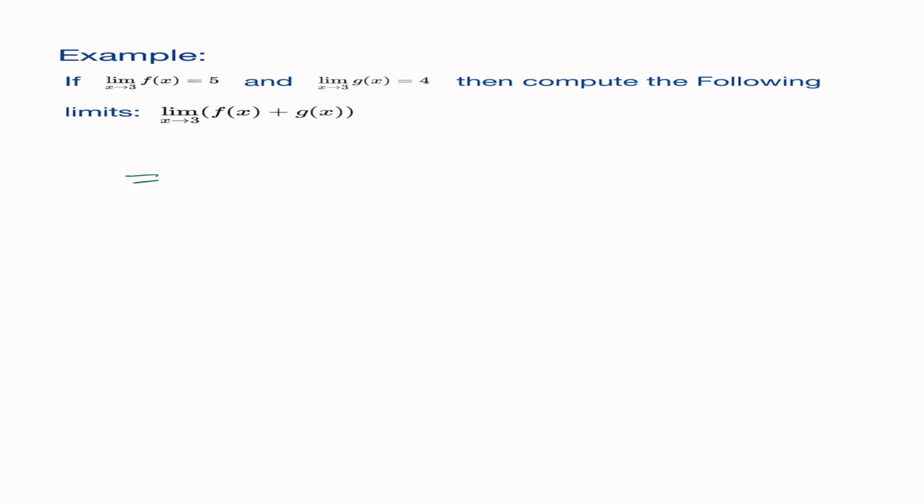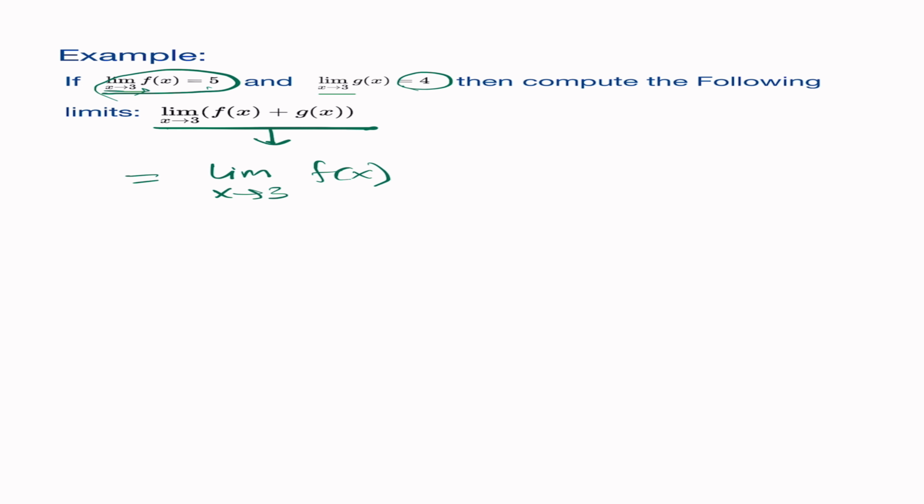Let's say the limit as x approaches 3 of f of x equals 5, and the limit as x approaches 3 of g of x is 4. So both of them are defined, right? Now we're going to apply the sum law. It says that if both limits exist for the same x approaching value, then we can simply write the limit as x approaches 3 of f of x plus the limit as x approaches 3 of g of x.